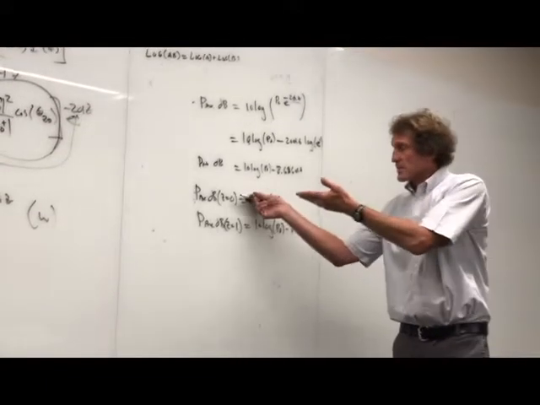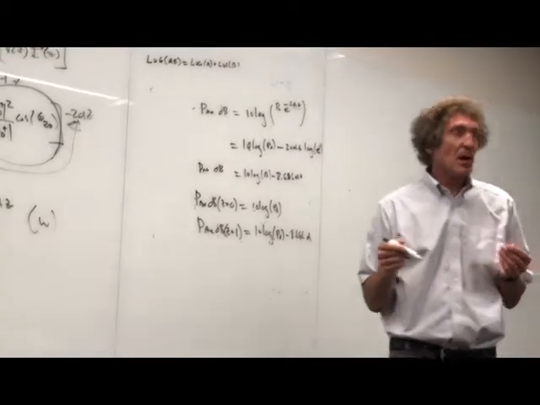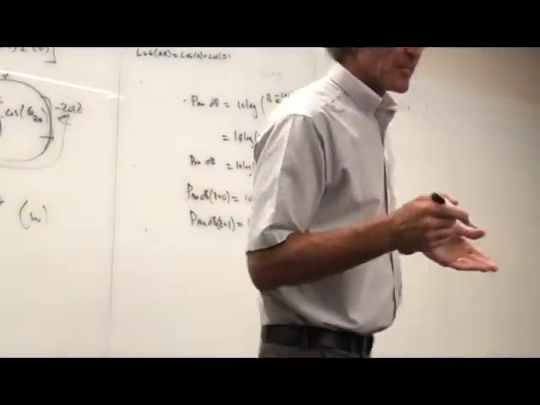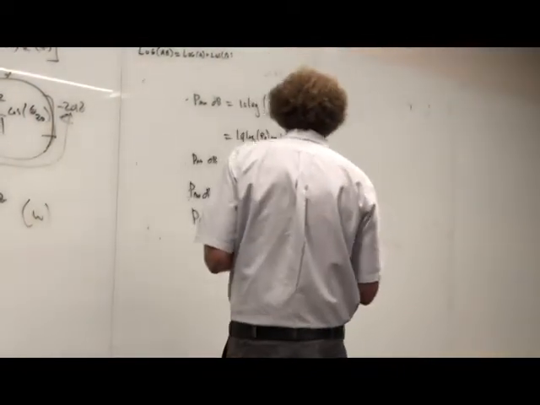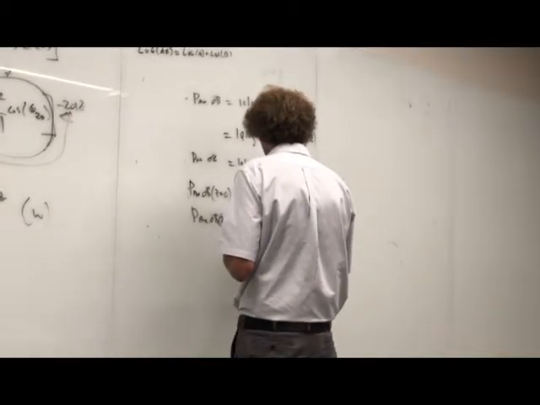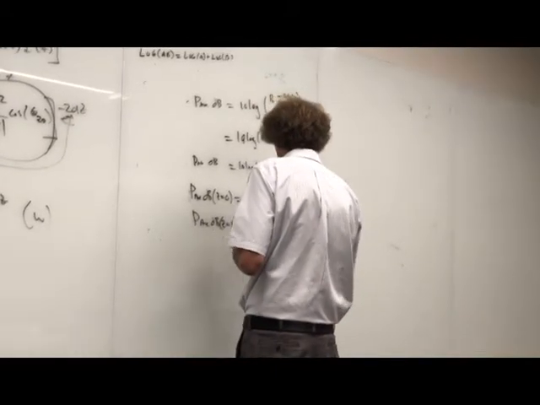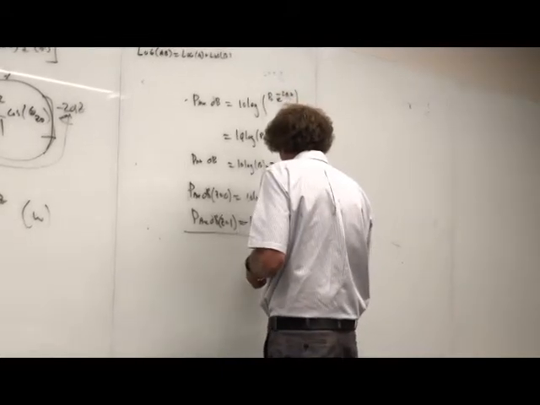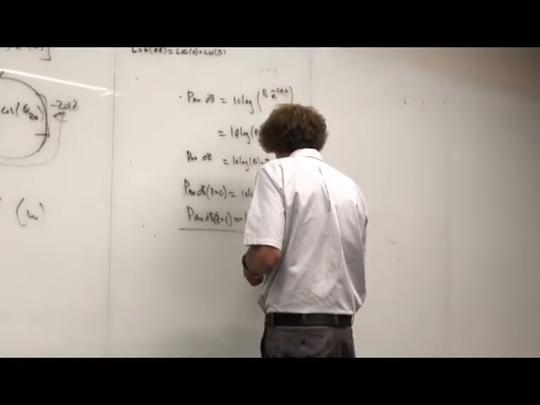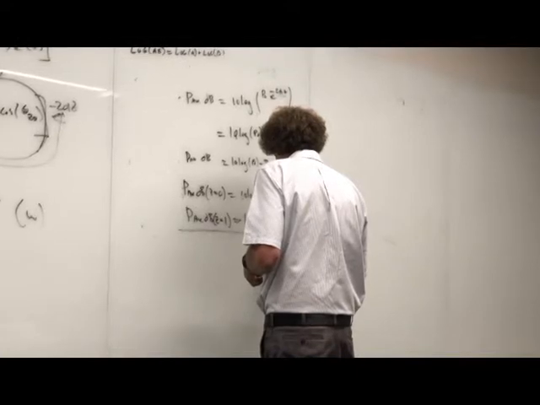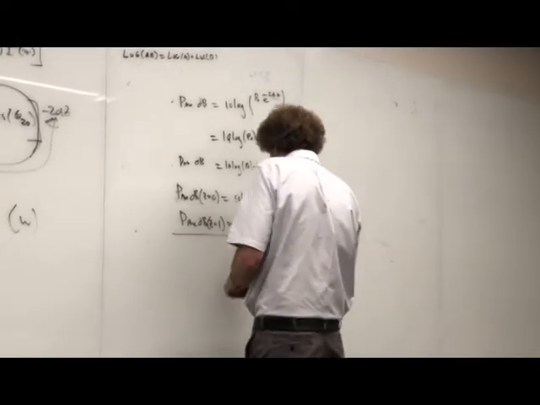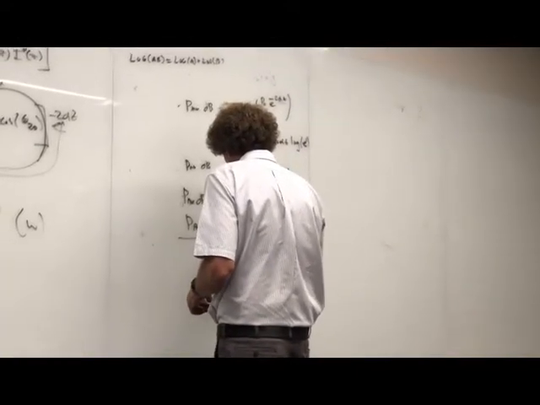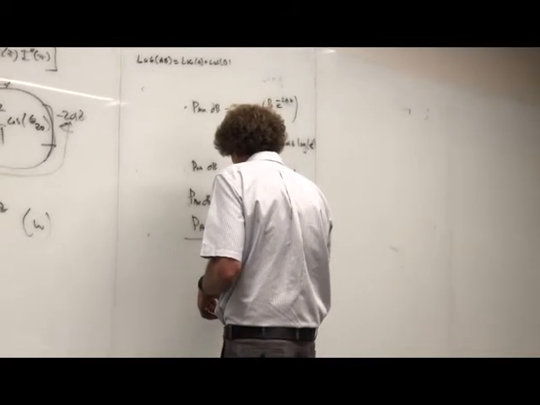Well, the difference between here and here would be the loss in dB per meter. Do you agree? And what is the difference when we subtract them? Well, when we subtract that, we end up getting a total of 8.686 alpha equals the loss in dB per meter.